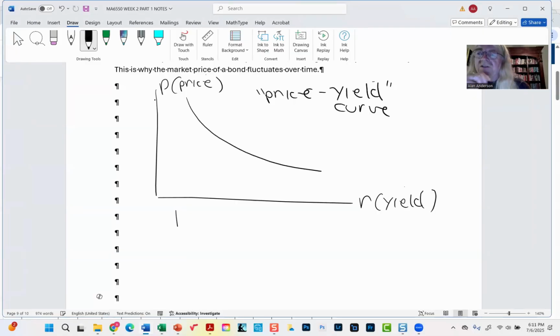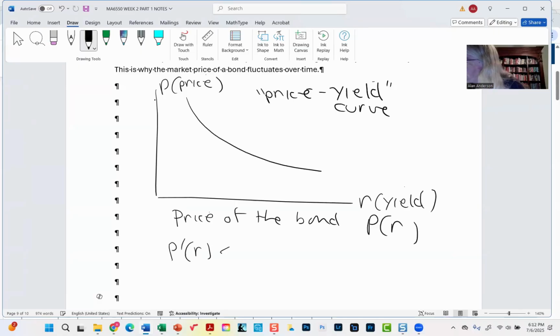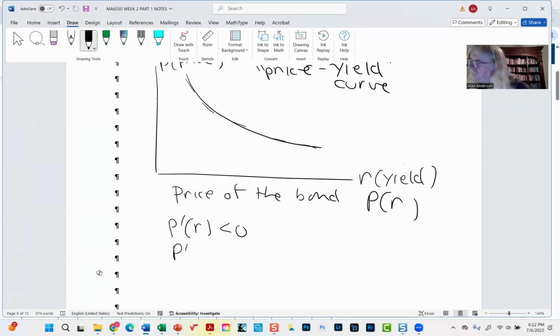If you think of the price of the bond as P of R, then the first derivative is clearly negative. All the slopes of the tangent lines along this curve are negative. But if you notice, as you go to the right, as x increases, the slopes are becoming less negative. So that means that the second derivative is positive, and that means that the curve is not only not linear, it's said to be convex to the origin.